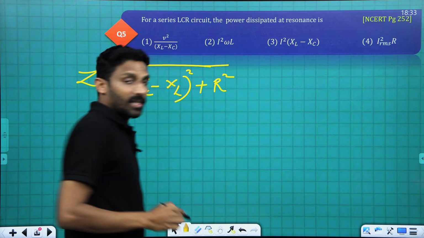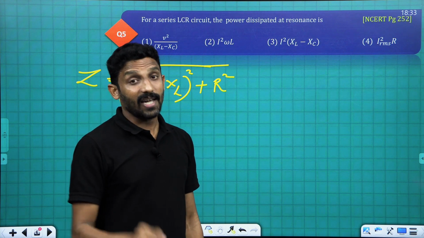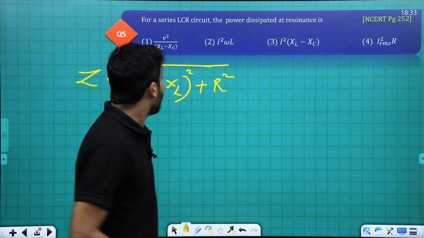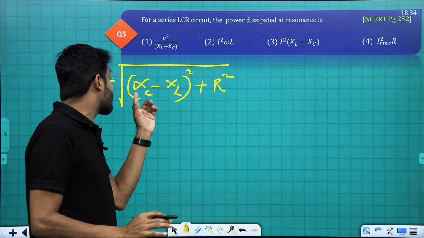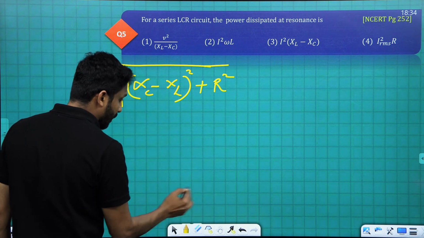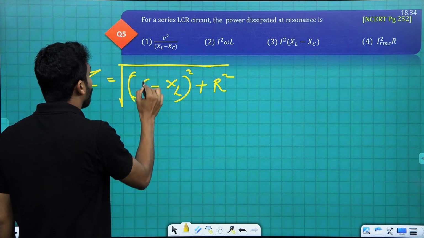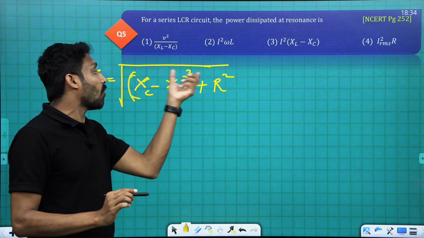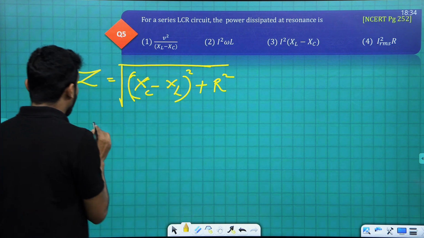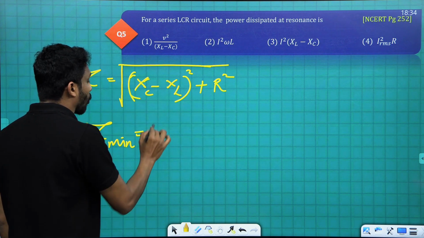The first term, XC minus XL, is called the reactance of the LCR circuit. At resonance, the condition is that XC is equal to XL, so this term will be 0 and root of R square is R. That is the minimum impedance, and that is a condition known as resonance.